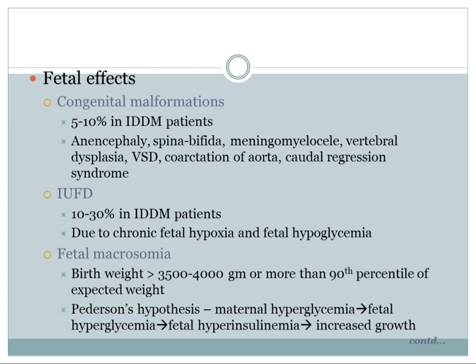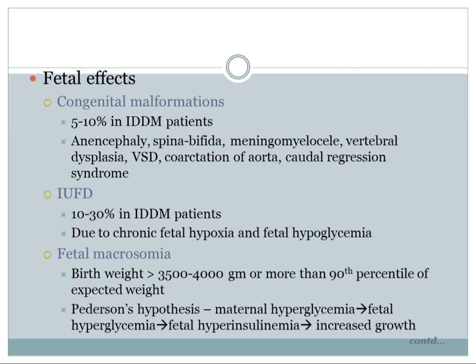See, maternal hyperglycemia is there, so all this glucose is going through the placenta into the fetus, causing fetal hyperglycemia. Naturally, this stimulates the fetal pancreas to produce more insulin, which results in fetal hyperinsulinemia.